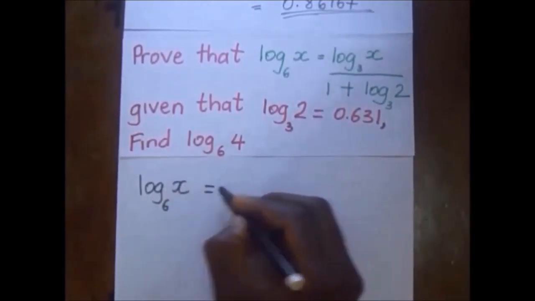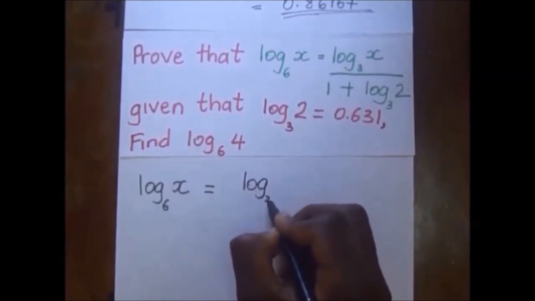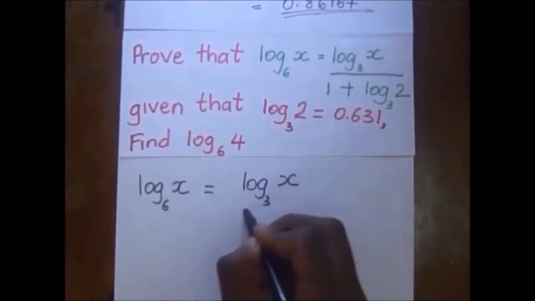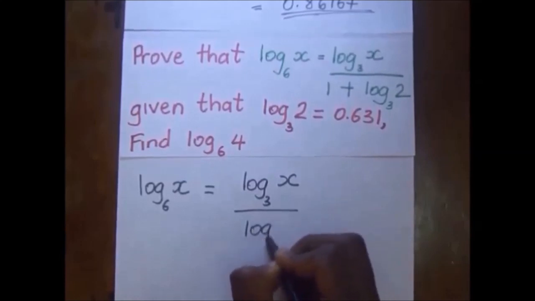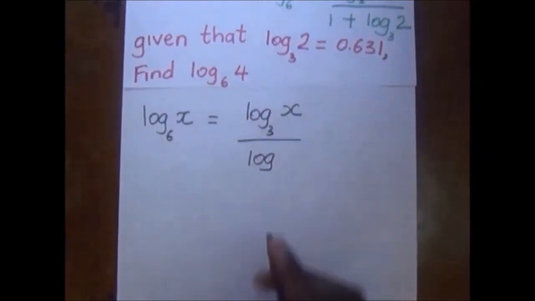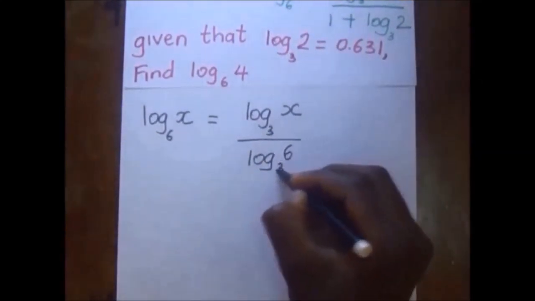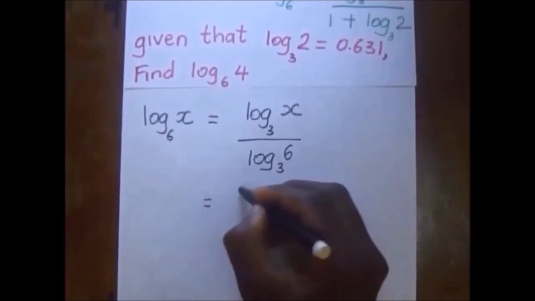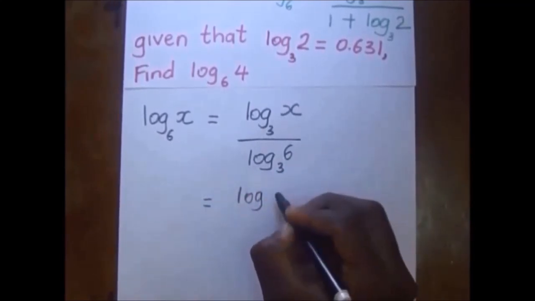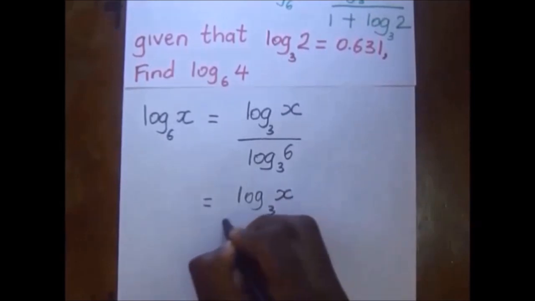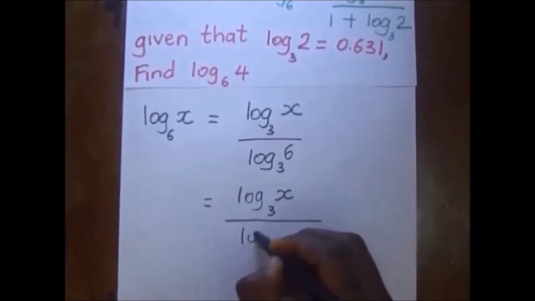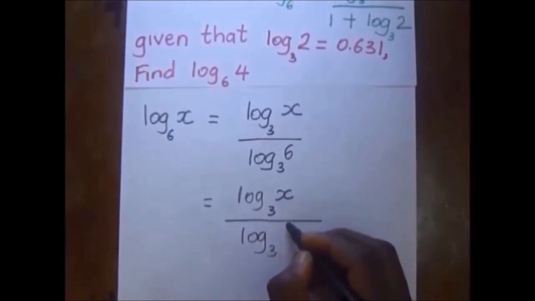So this is going to become log base 3 of x over log of 6 base 3.